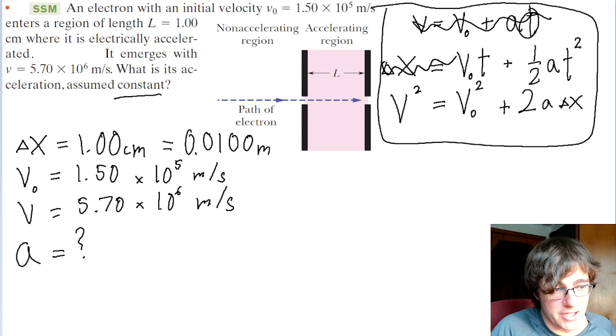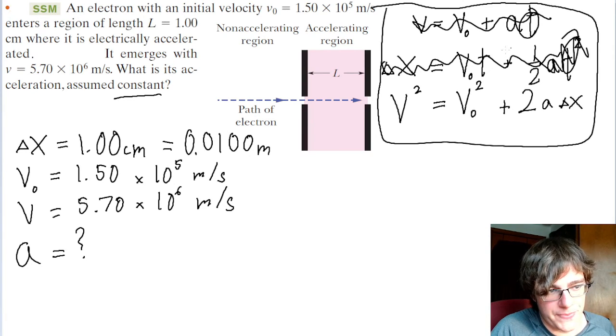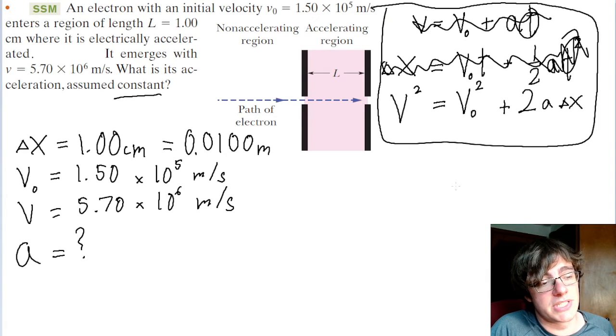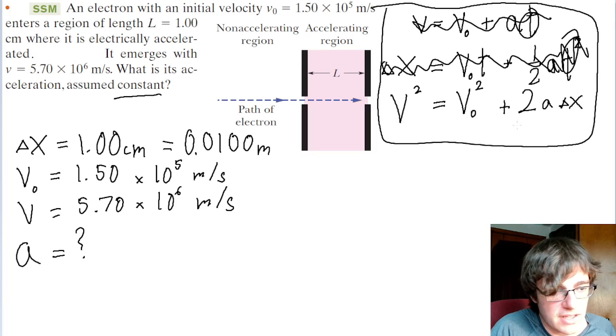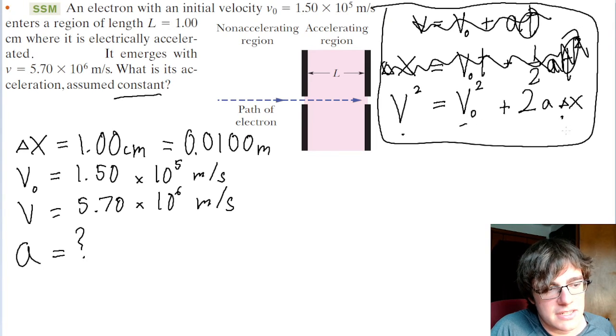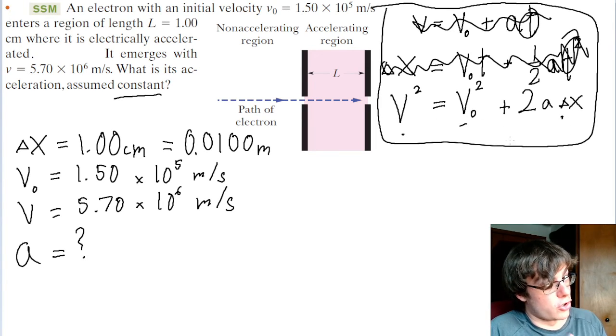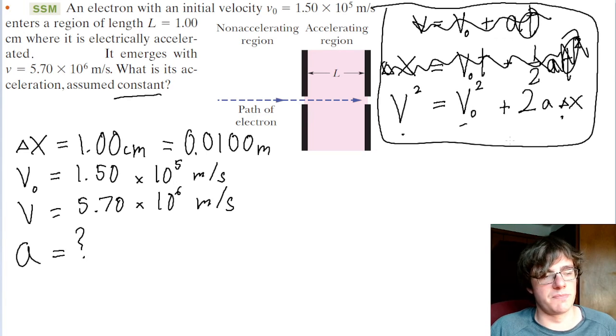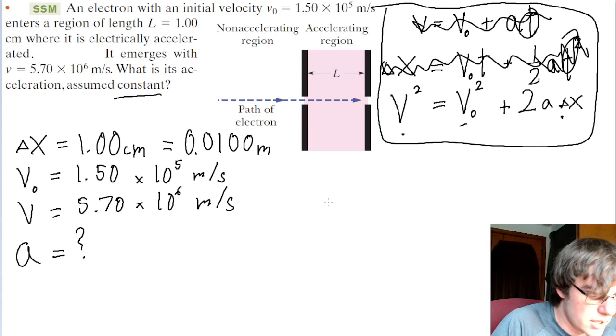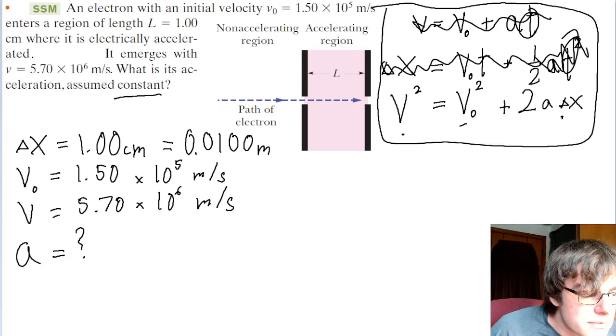Same thing with the second equation because there's the time squared. The third equation we will be able to use because it has acceleration, which is what we're trying to find, and it's got v, v naught, and delta x, which are all things we know. So the only unknown in that equation is the acceleration, which means we can take that equation, solve it for acceleration, and get our answer. So that is what we will use.